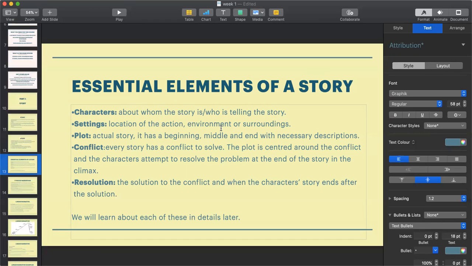So when you are talking about a location, don't just write, Mary was living inside a house. What kind of house? You have to write that. When you write, Mary was living inside an old wooden house, which is two stories high, it's a two-story building, and she used to live on the ground floor.